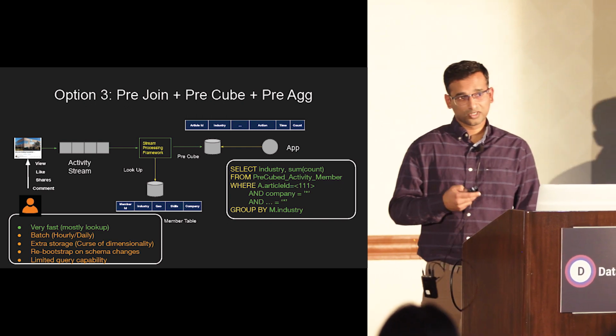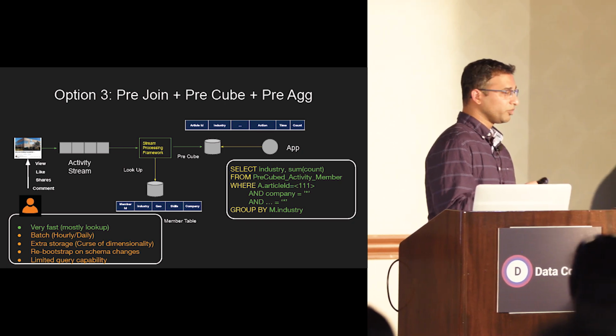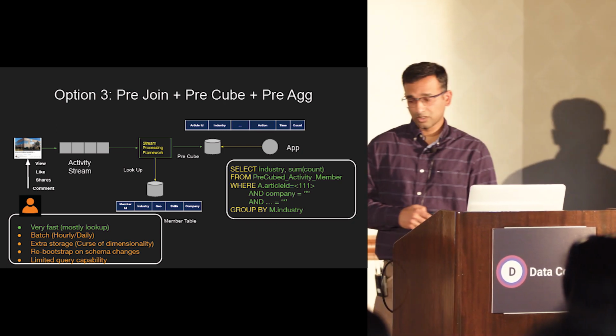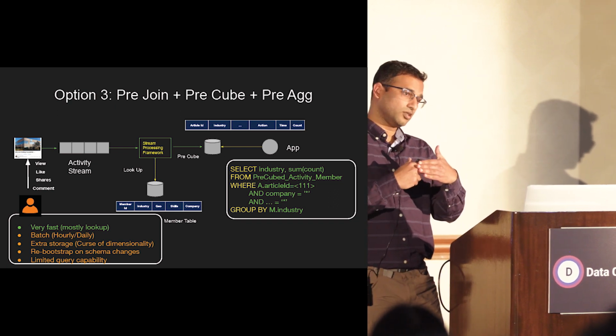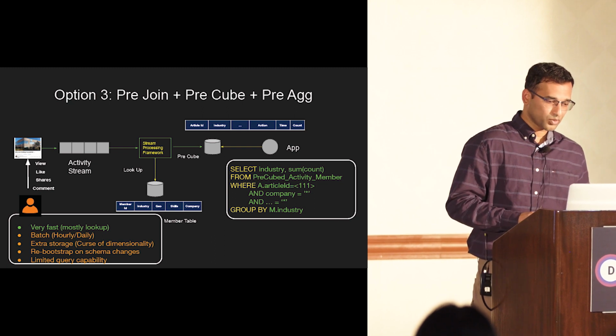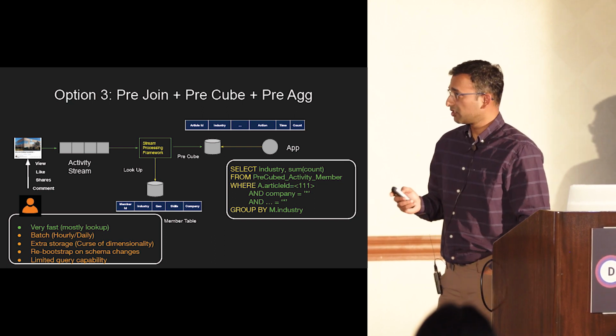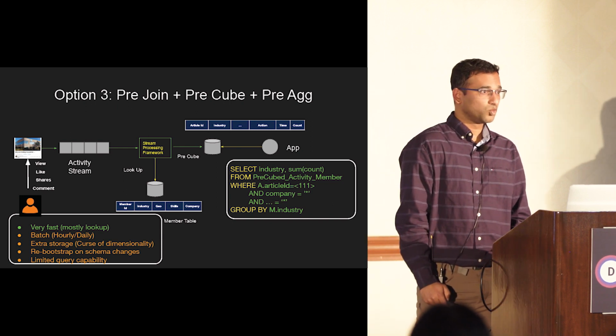But the problem with this is it's very hard to get real time, because you typically need to end up batching the data. And because you have to aggregate it, and the premise is that for every unique combination there is just one row, the storage is going to exponentially increase as you add more dimensions.